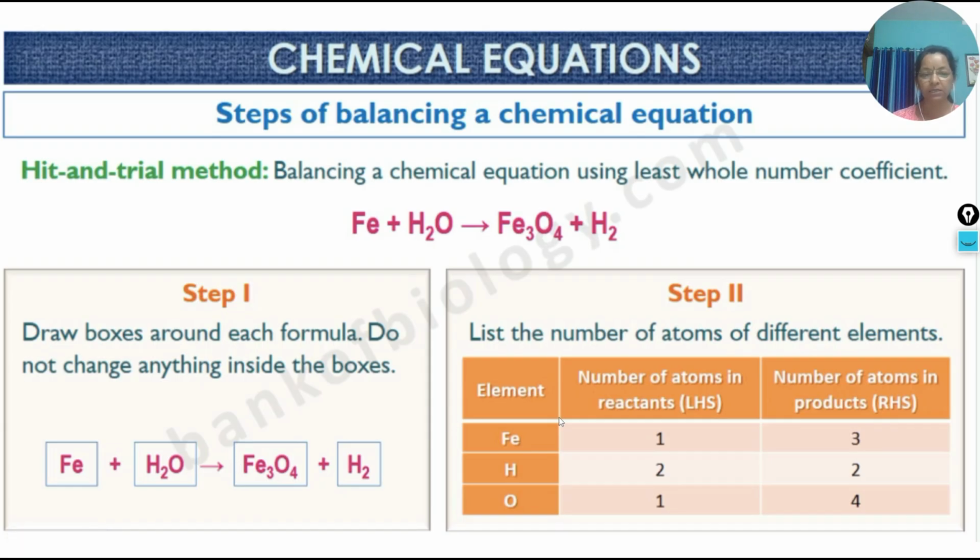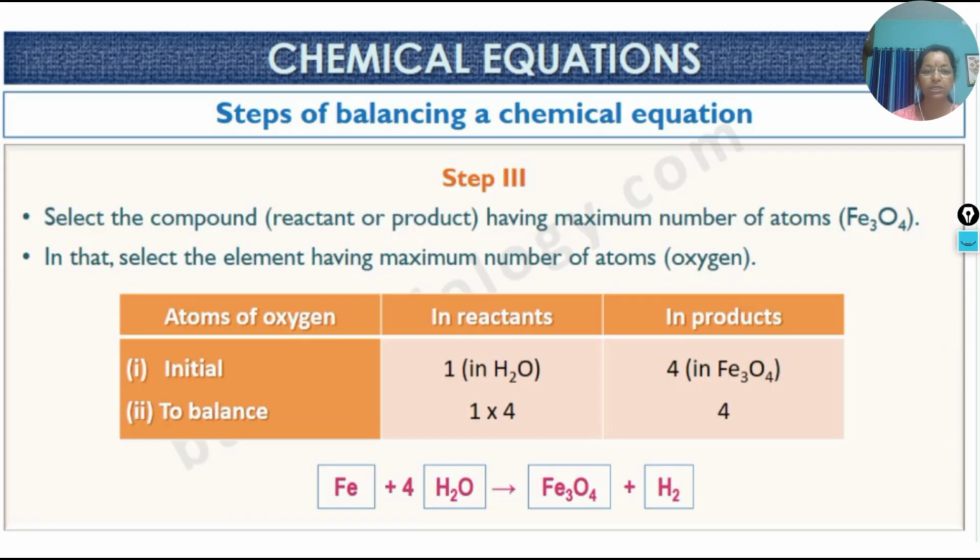Then the next step is to write the elements in the LHS and the RHS. From here we can see that iron is not balanced, oxygen is also not balanced. So here 2 elements are not equal on LHS and RHS. So our first step is over, our second step is also over.